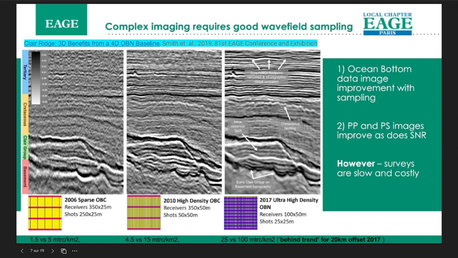As you can see, you start running out of superlatives unless we have some sort of idea of what real density is, and that's where trace density comes in as a proxy. But each of these, even though these are very dense and probably one of the densest ocean bottom node surveys that have been acquired in the world, they're still somewhat behind that trend that I showed. And this is not because we don't want more data and we don't benefit from it in our algorithms. It's because it's too expensive. So what can we do about that?